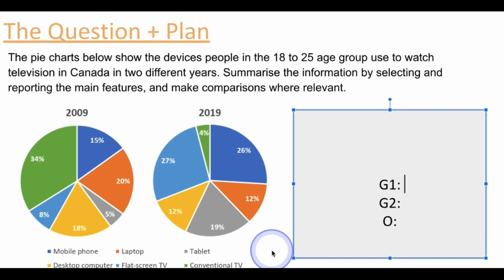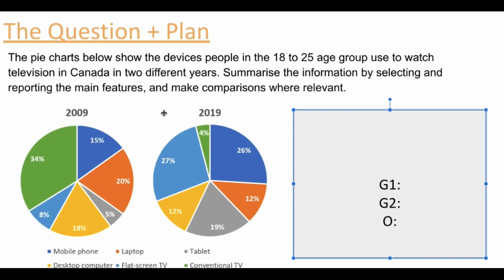Now we could go for, let's have a think, we could do one pie chart in one group and perhaps the other pie chart in the next group. Or we could maybe do a different approach and talk about devices that have decreased.